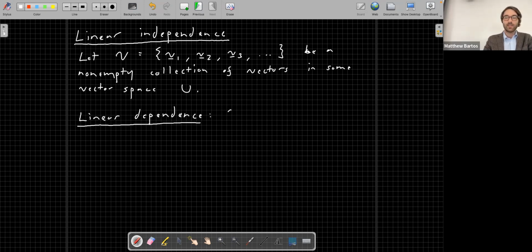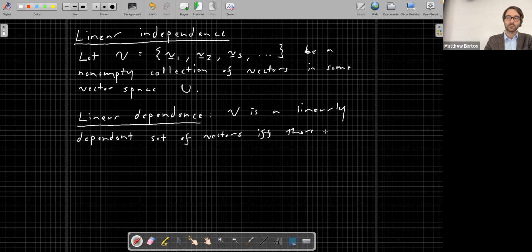Okay, so we say that V is a linearly dependent set of vectors if and only if there exists some collection of k distinct elements of V and a set of scalars, not all zero, such that if you scale each vector by your scalars and add them up together, you can get the zero vector.